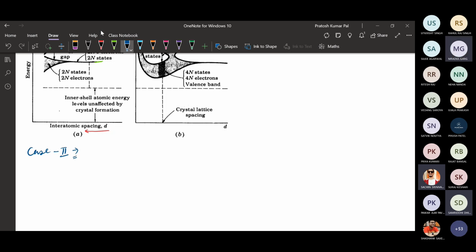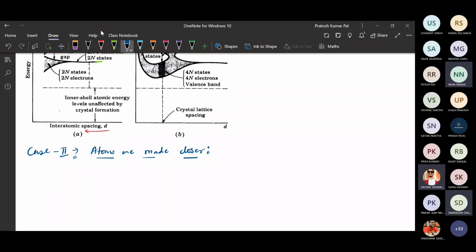So now what we are going to do is make the interatomic distance closer, like the distance between two atoms we are going to reduce, or we can say the atoms are made closer, okay. So we are going to move the atoms closer.